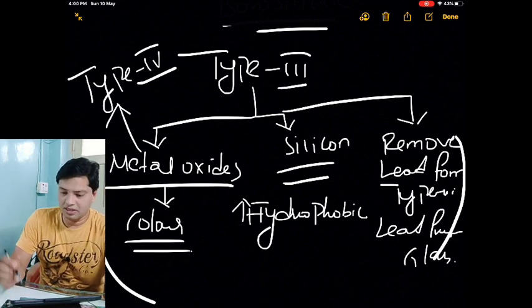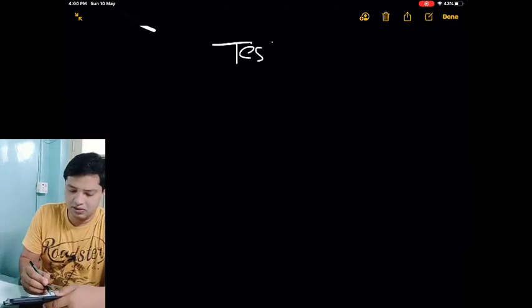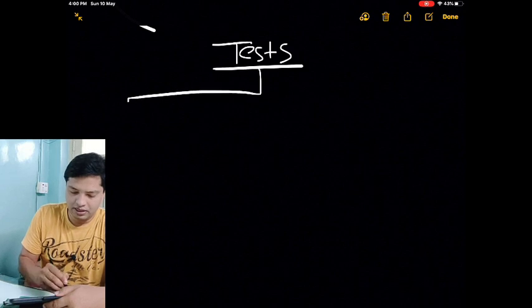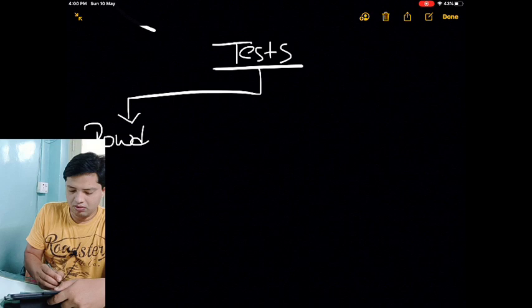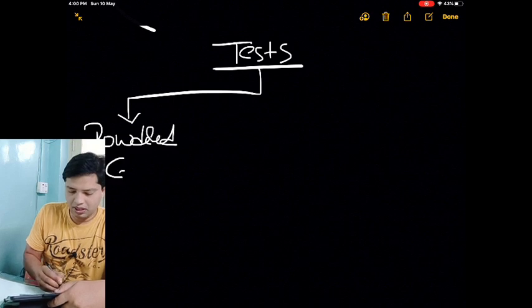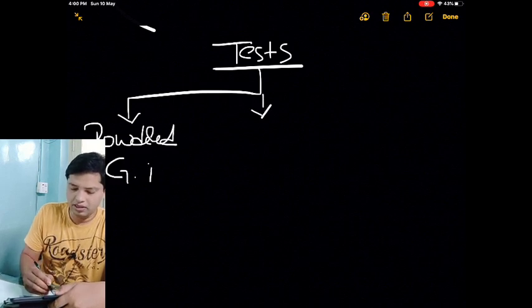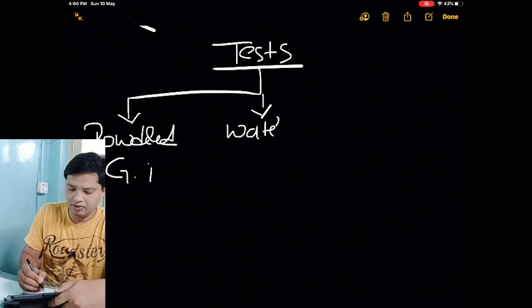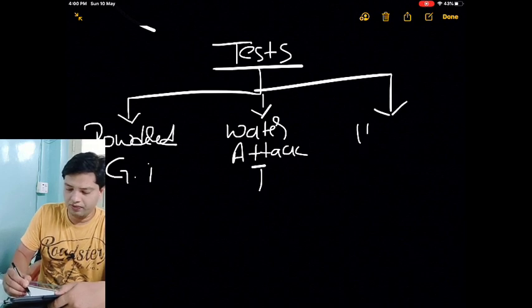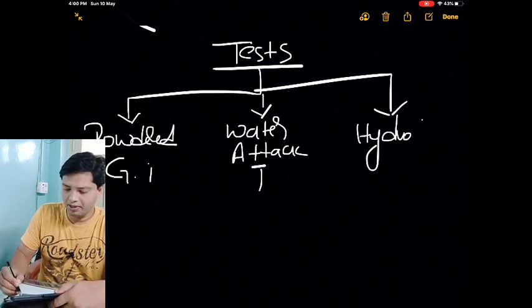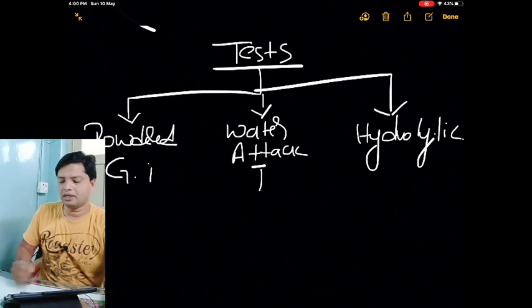So there are 3 types of tests for the glasses. One is the powdered glass test, then the water attack test, and then the hydrolytic test.